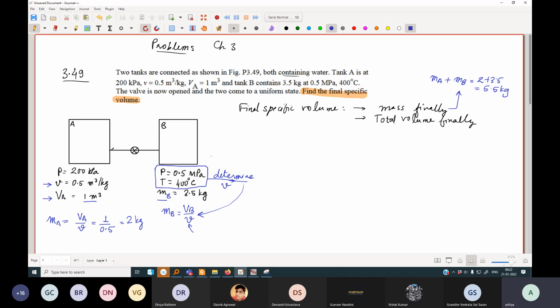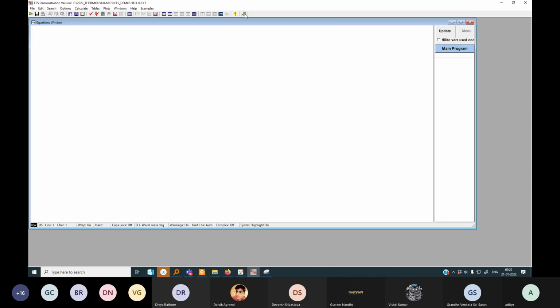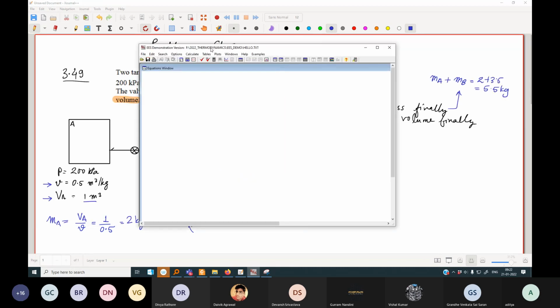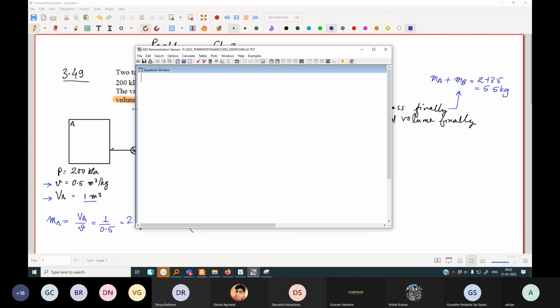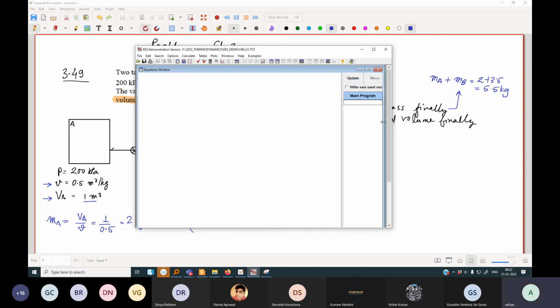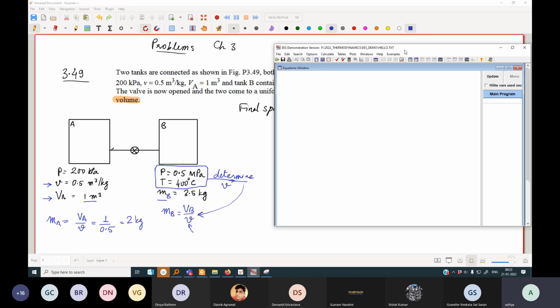So let us first go to ES. So we are in ES now, and let's get this. So v_B, the specific volume of B, is going to be volume steam with P equal to 500 and T equal to 400.